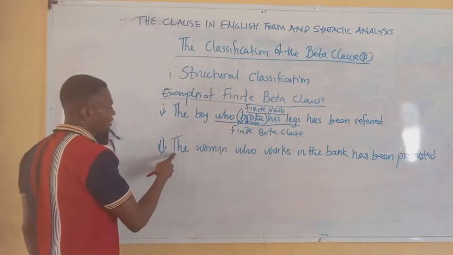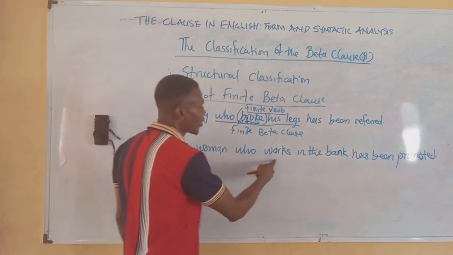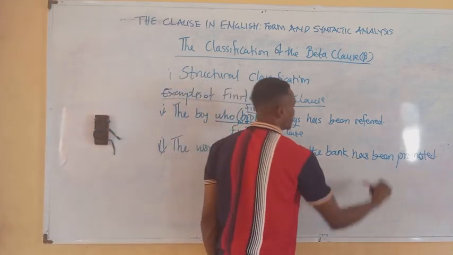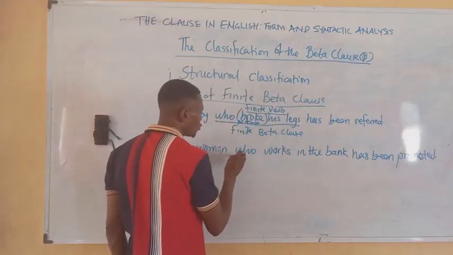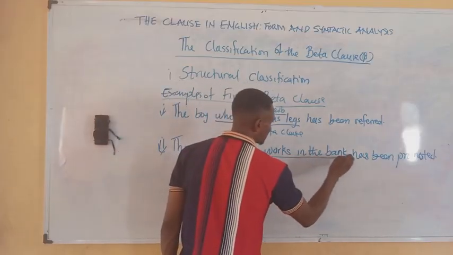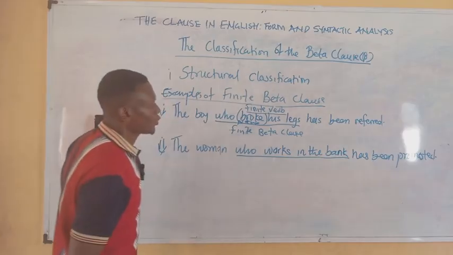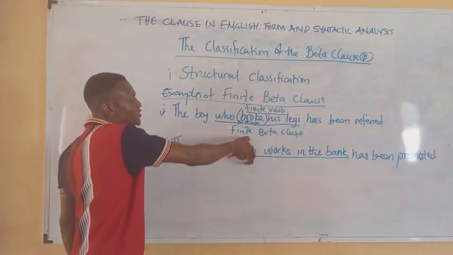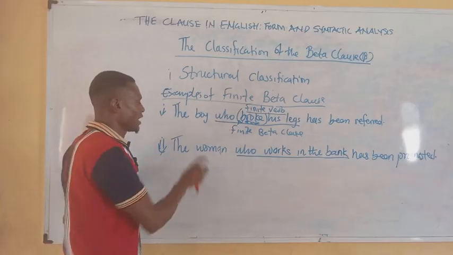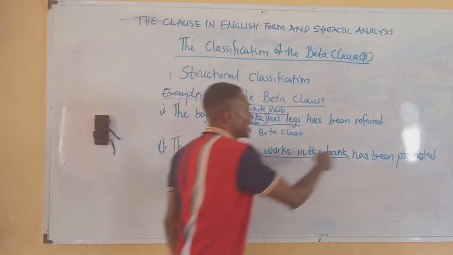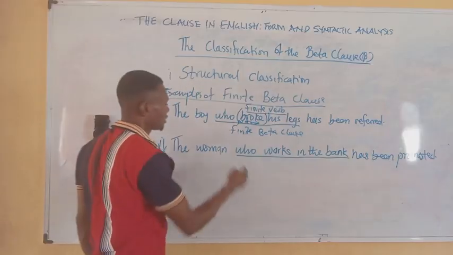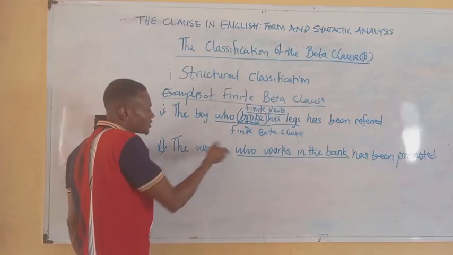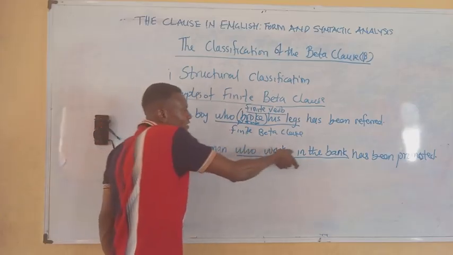Number two, the woman who works in the bank has been promoted. So, who works in the bank is a beta clause here. We can also remove this group of words and we still have the woman has been promoted. Which woman? The one who works in where?